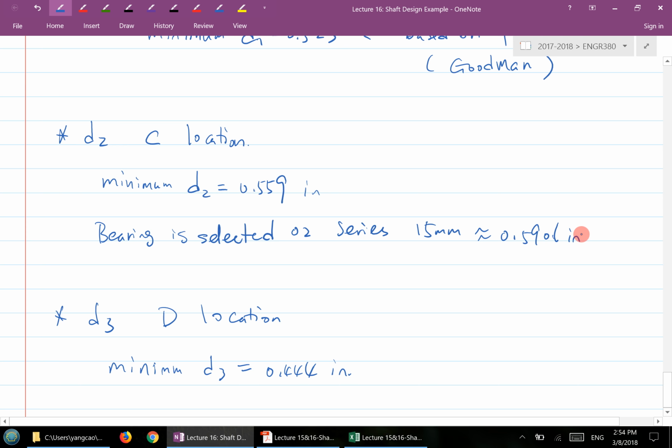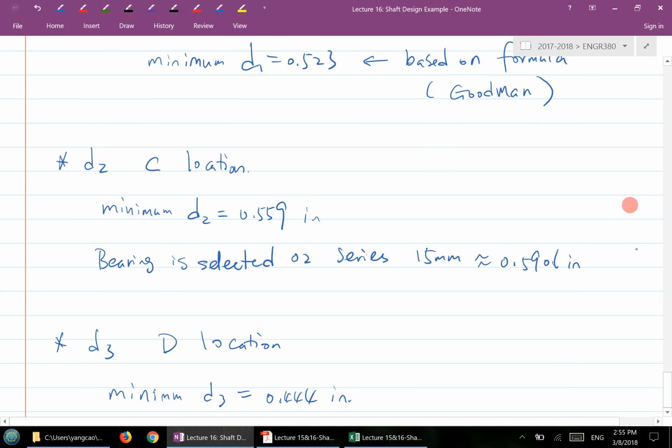Whether the bearing is suitable for this purpose or not is a different matter. We have to talk about that later when we learn bearing selection, because that also needs to be calculated. But let's say you selected a suitable 15 millimeter bearing here.